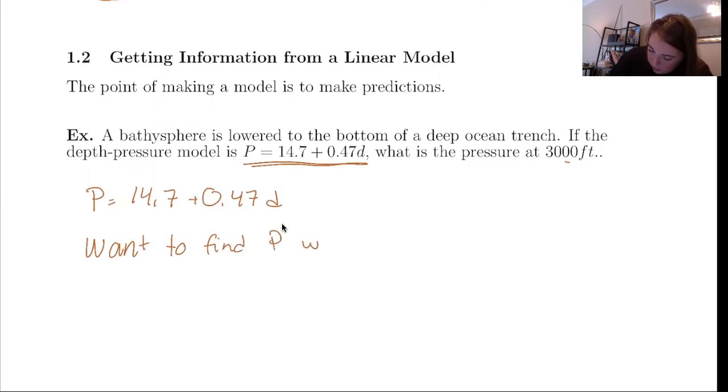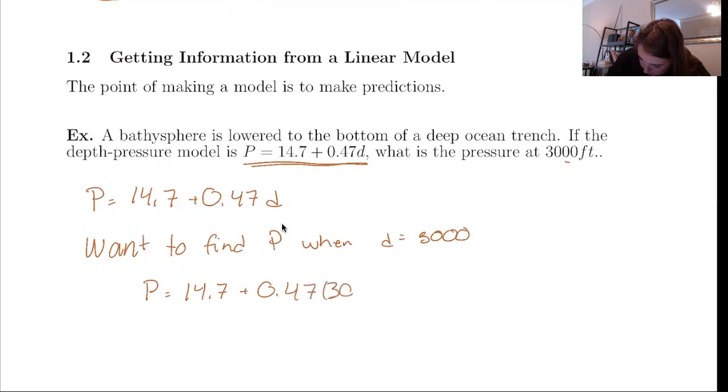So that sounds like a depth to me. So when D equals 3,000, how can I do that? I just plug it in. So P equals 14.7 plus 0.47. I know it's supposed to be 4.5, but that's fine. Times 3,000, which I actually don't know what it equals because my notes are different.